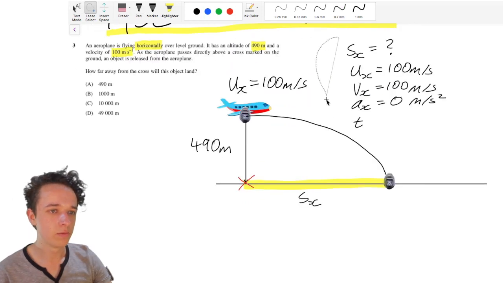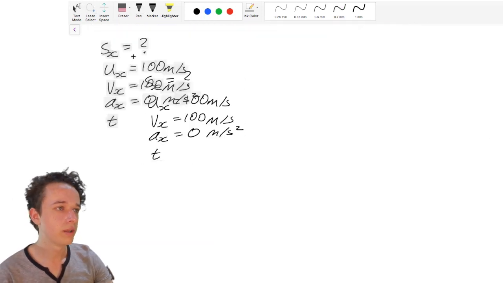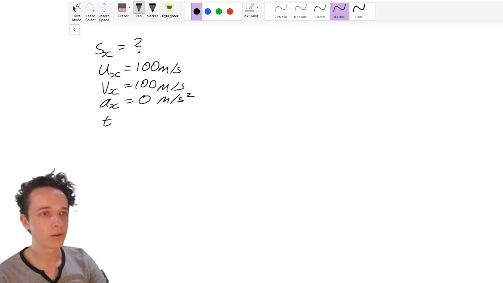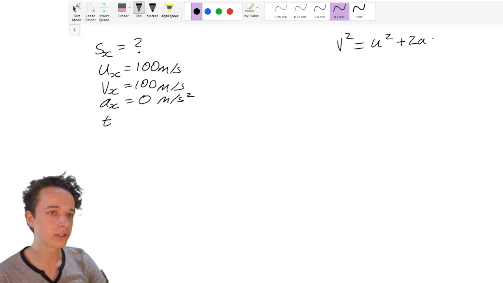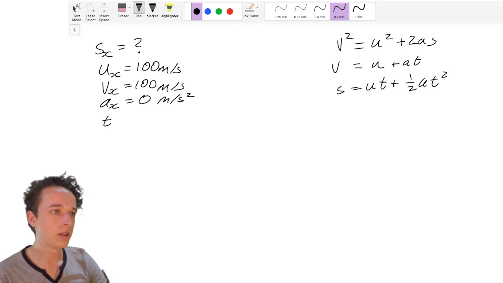Consider our kinematic equations, right? V squared equals u squared plus 2as, v equals u plus at, and s equals ut plus half at squared. And what are we trying to find? We're trying to find s. Our first equation has an s. The second equation does not have an s, so let's ignore it.